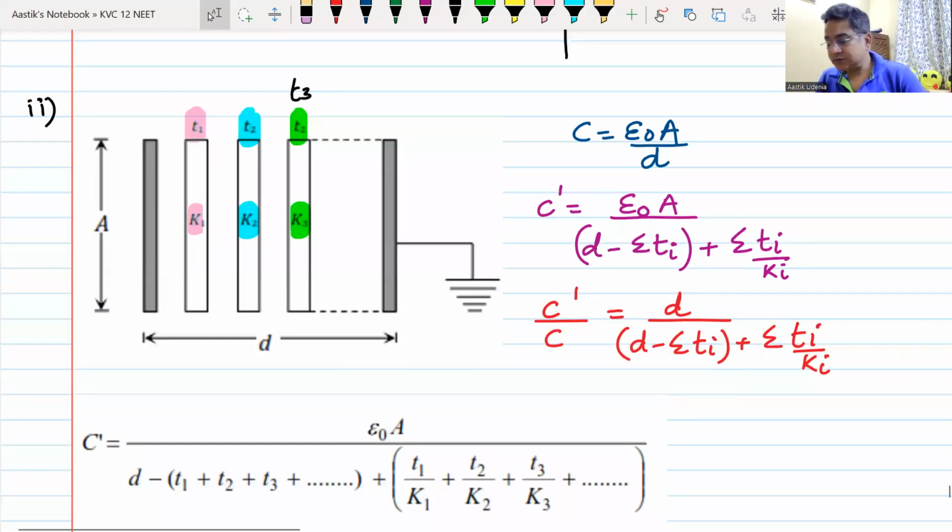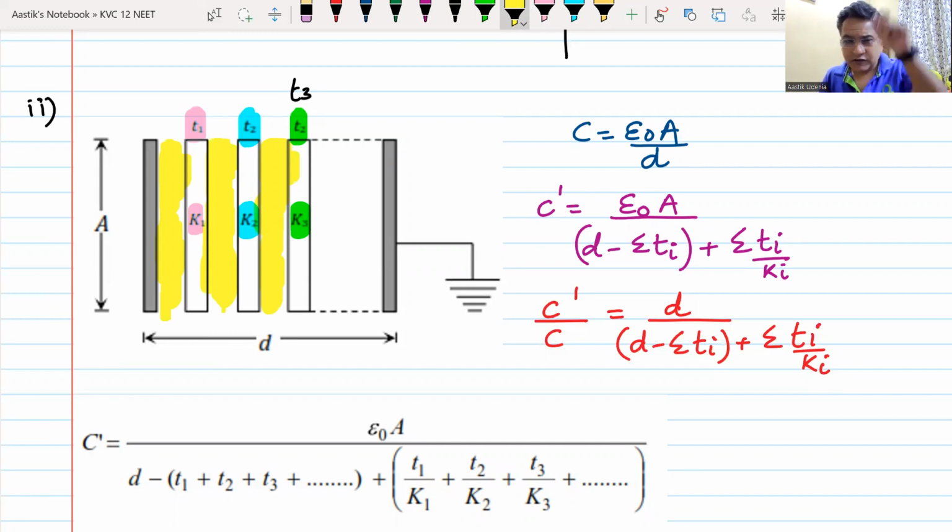there was a gap between these capacitors, and if you look at this yellow gap, in this yellow gap there was always vacuum or air. There was a gap between the capacitors, so basically a gap between the dielectrics. That means even though there were a large number of dielectrics, there was some air or some vacuum in between.